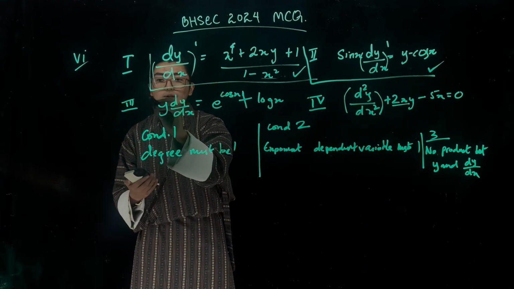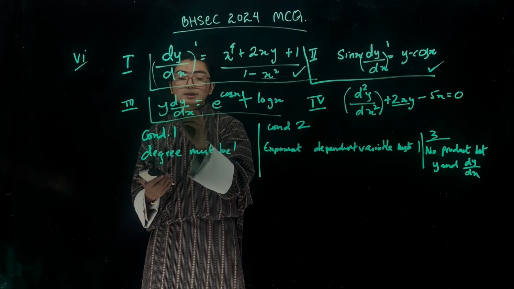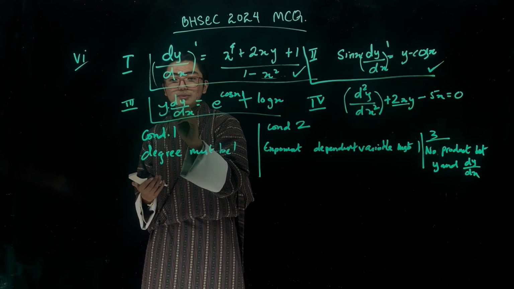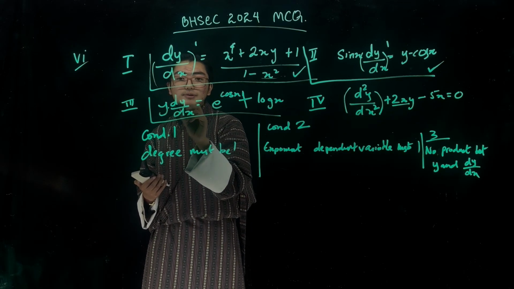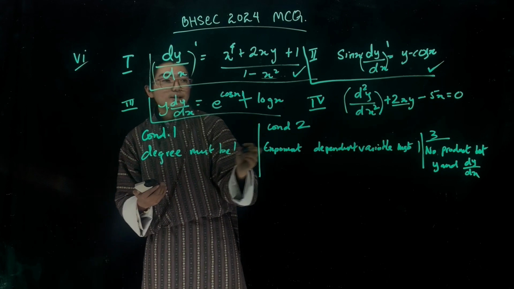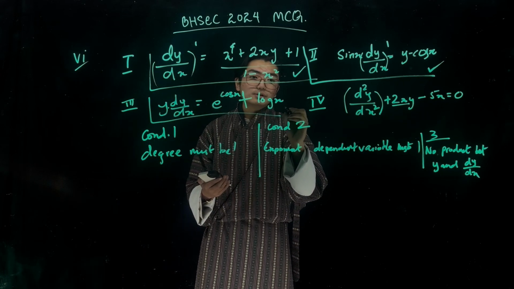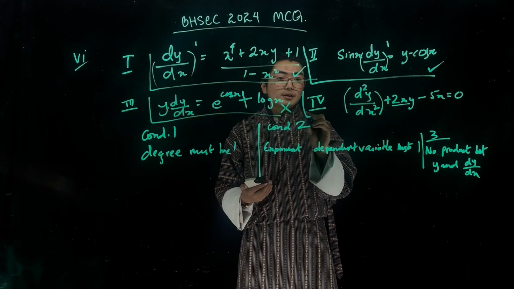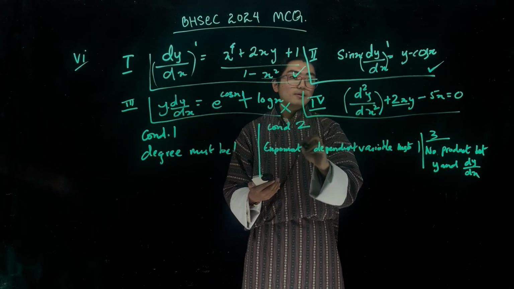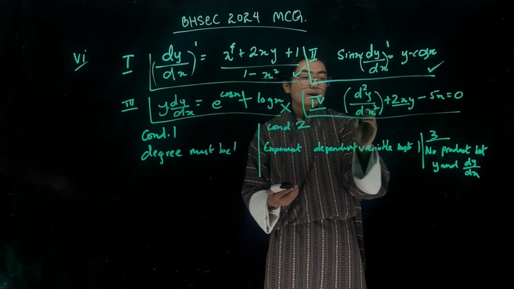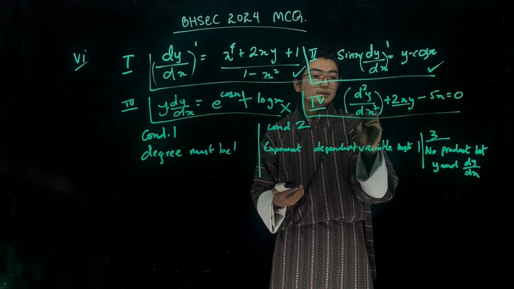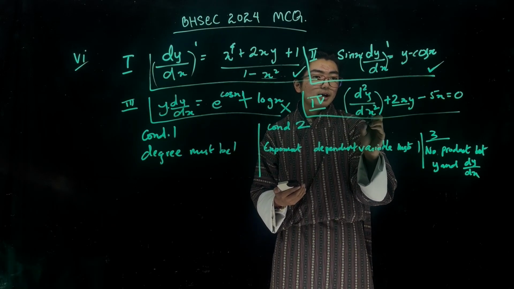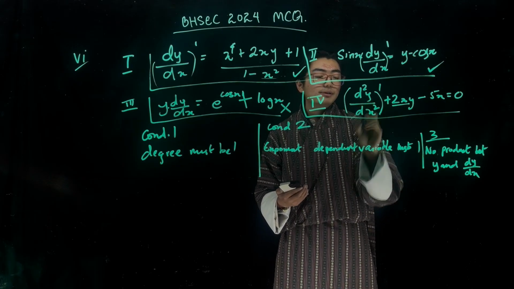Now, for the third equation, as you look at it, there is a product between the dependent variable y and the differential coefficient. So we can directly exclude this option. So this is not linear. Now, lastly, the fourth and final equation. Similarly, the highest order derivative here is d squared y over dx squared, and the exponent of this derivative is 1.